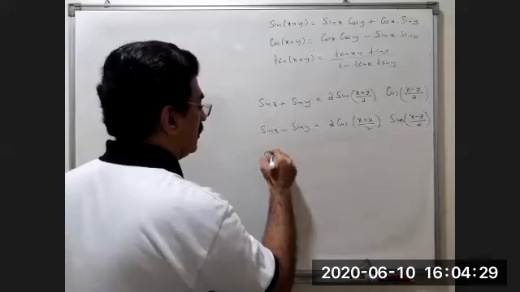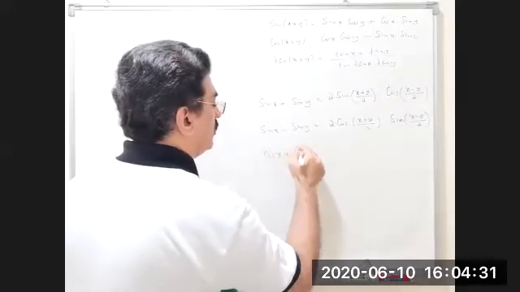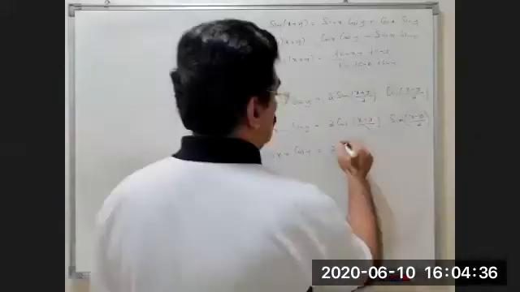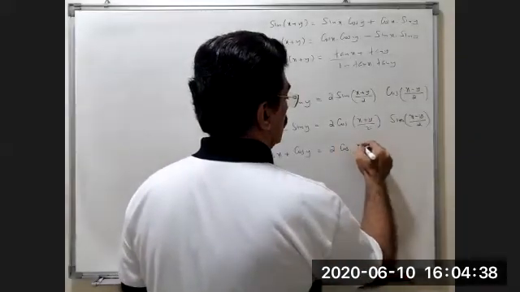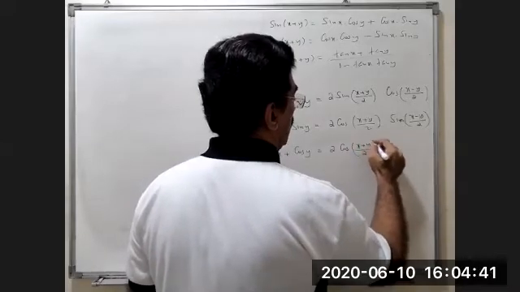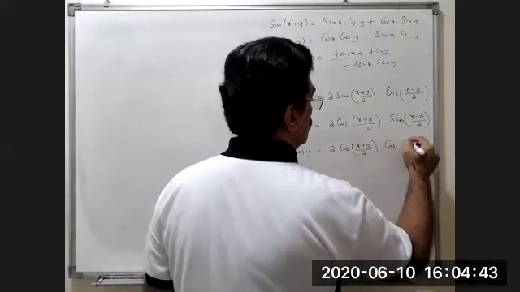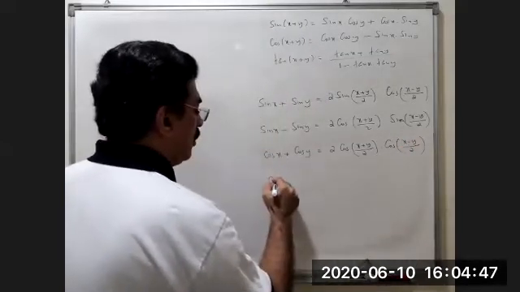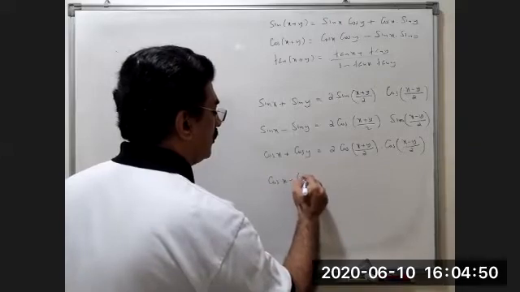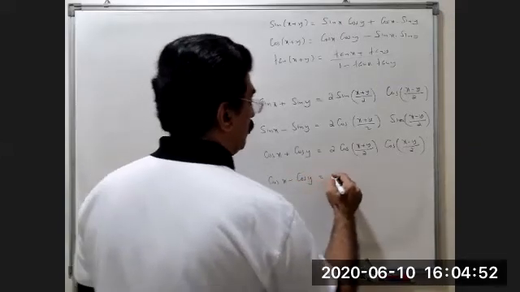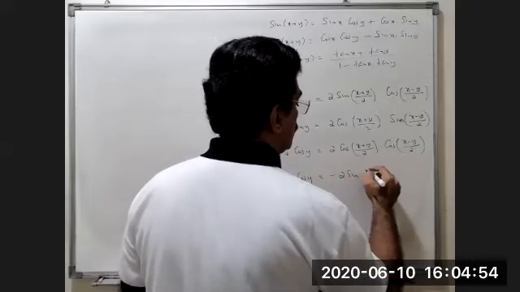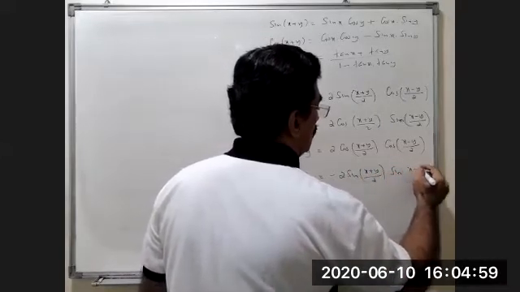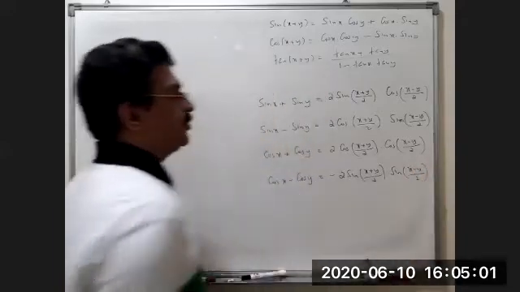Then cos x plus cos y is 2 cos (x plus y) by 2 into cos (x minus y) by 2. And cos x minus cos y is minus 2 sin (x plus y) by 2 into sin (x minus y) by 2.